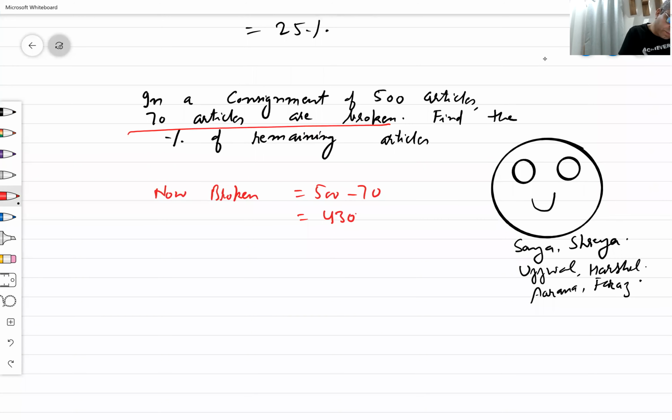So what is the percentage of remaining? 430 are remaining, 500 were bought, into 100. All right, so this is your answer. You can calculate that. This will give you 86%.